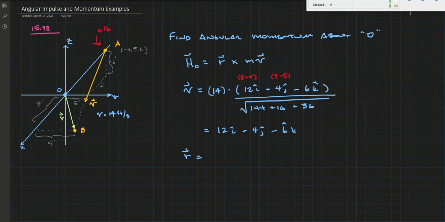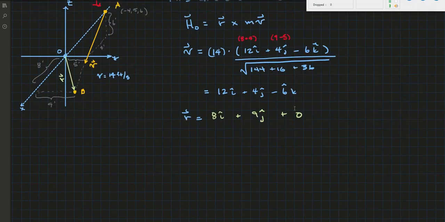So R is then 8i plus 9j plus 0k. And that's why we did that, so we could have a zero term. So the moment of our momentum about O is R cross mv, as we stated up here.